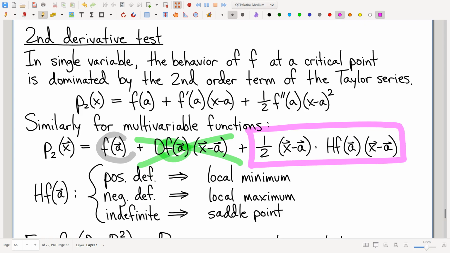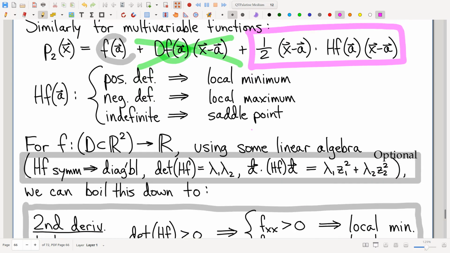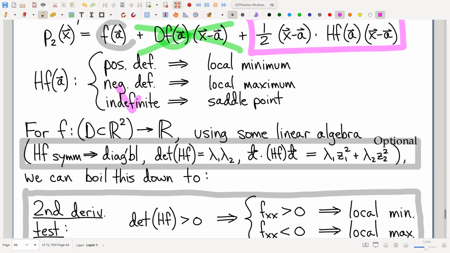This is a weirder thing because there's a dot product involved, and there's a matrix vector product. This is a non-trivial thing to understand, but we've already seen them before. Correction, y'all have already seen them before. It's a quadratic form. And y'all know about positive definite, negative definite, and indefinite.